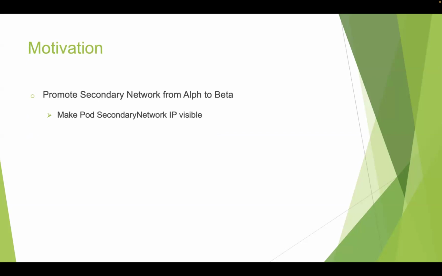The secondary network with SR-IOV type feature was introduced in version 2.3 and is currently in the alpha stage. To move it to the beta stage, some additional enhancements are required. And the pod network status annotation is one of the key features.